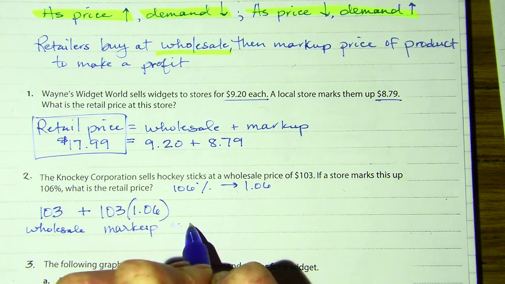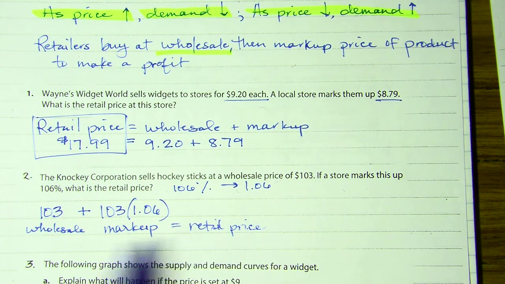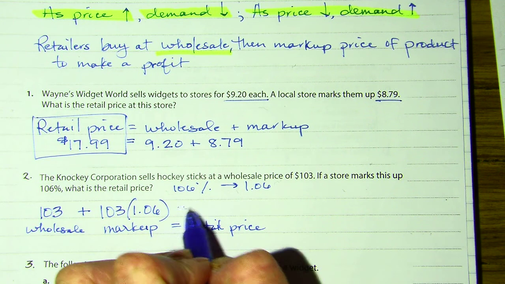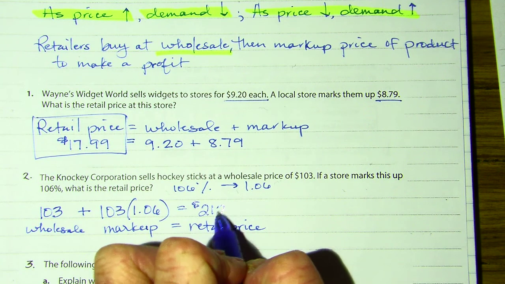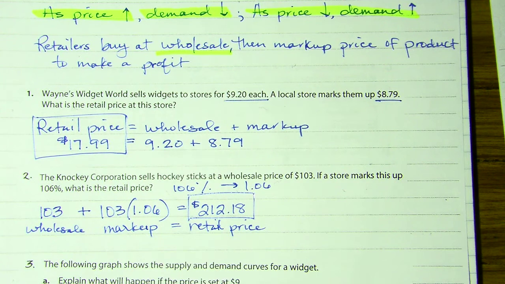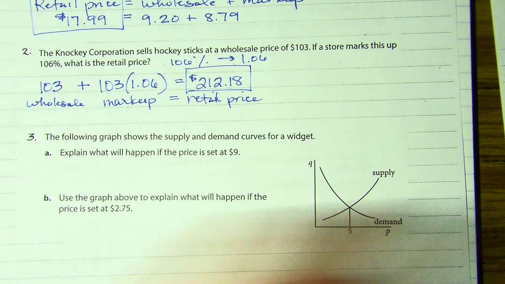That would equal our retail price. So I'm going to go ahead and enter this 103 plus 103 times 1.06, and I get a retail price of $212.18.